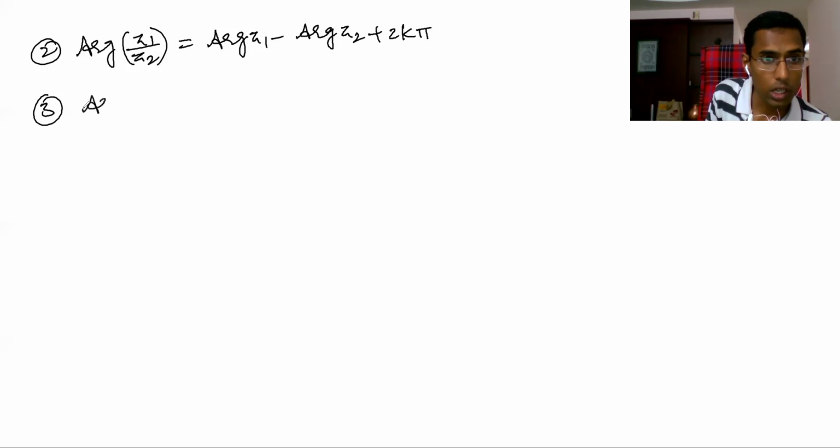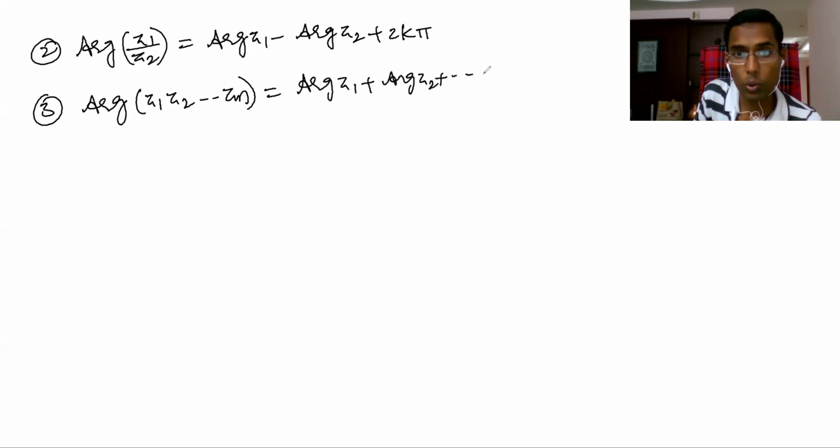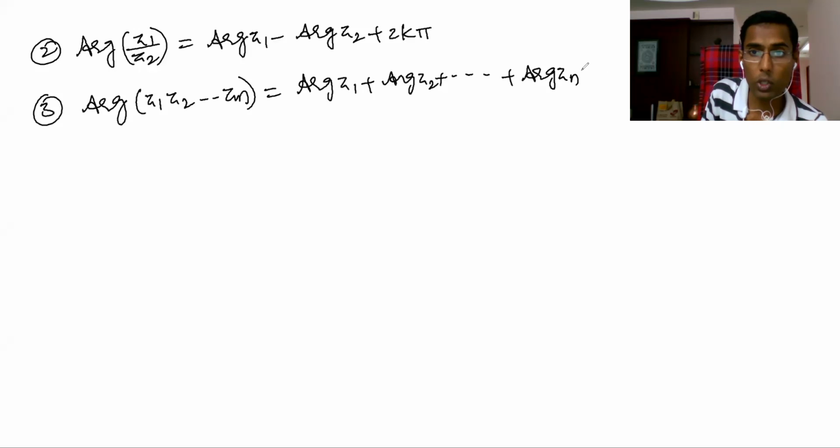Argument of z1 into z2 and so on up to zn, like logarithms, you can write argument of z1 plus argument of z2 plus so on up to argument of zn. You can add 2k pi just to make it the principal argument.